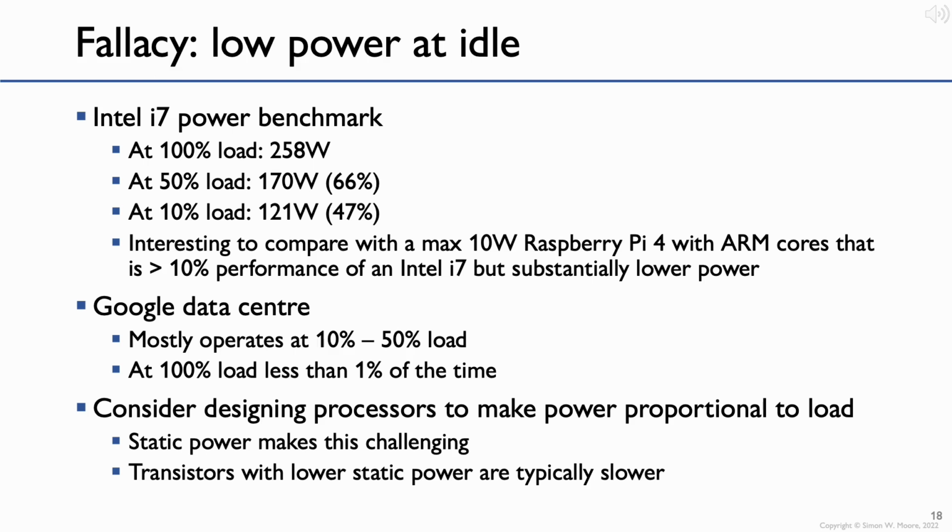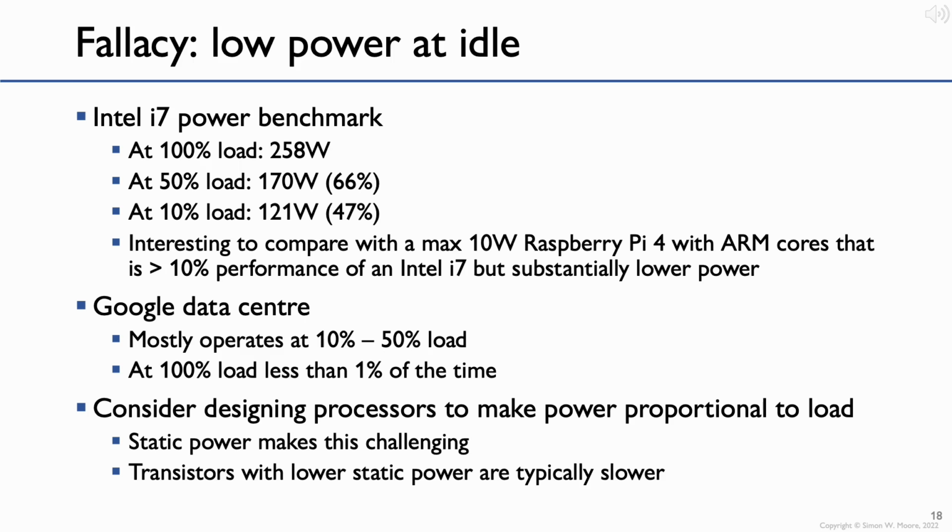Static power makes this challenging. As I talked about dynamic voltage frequency scaling, if we drop the voltage too far, the static power starts to increase. The flip side as well is that transistors with lower static power tend to be slower.